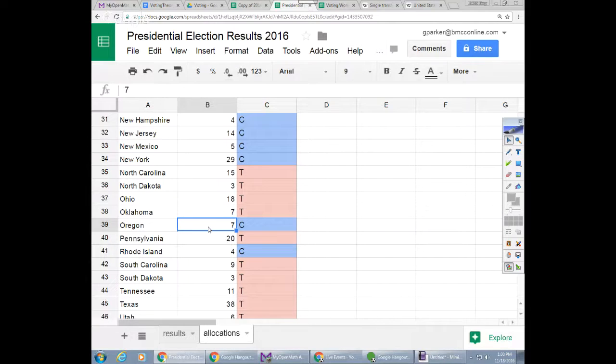Now, who gets to be the electors? Well, each party gets to pick their electors. And in most states, it's winner-take-all. And usually the electors go with what the popular vote is.